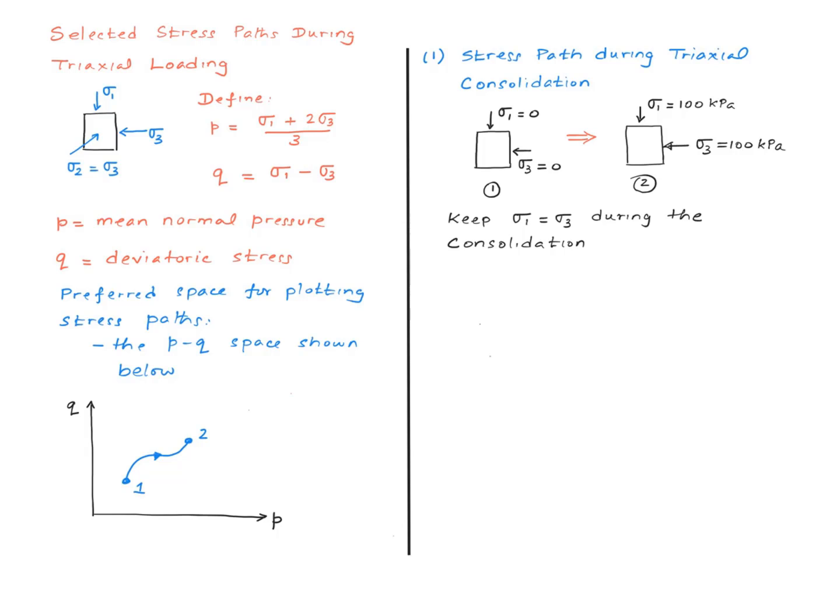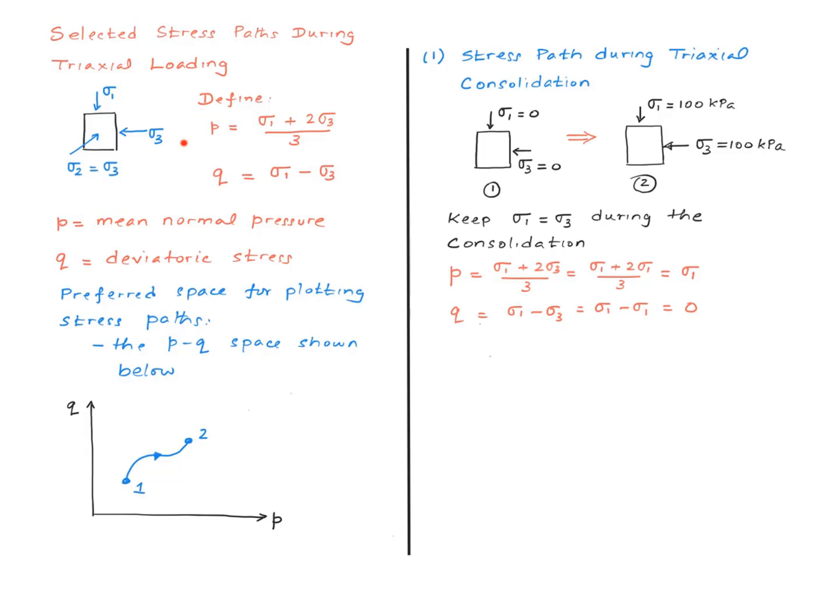Now I'm interested in plotting the stress path as we go from stress state 1 to stress state 2. And I want to plot the stress path in the PQ space. These stresses would allow me to locate point 1 in the PQ space. And similarly, these stresses would allow me to locate point 2. But the key to predict the loading path is this relationship right here.